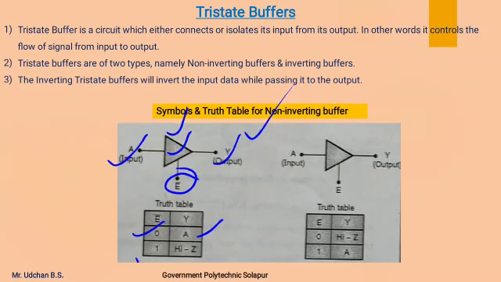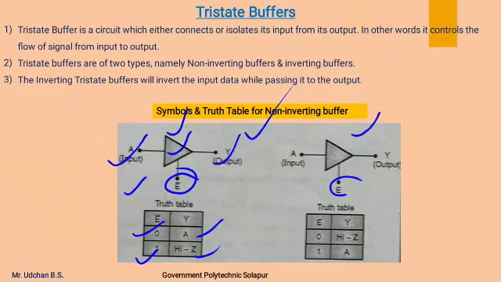Now if the enable terminal is 1, then it will not allow the input to appear at the output terminal. In that case we can say the output is in high impedance state. We cannot predict the state of the output.